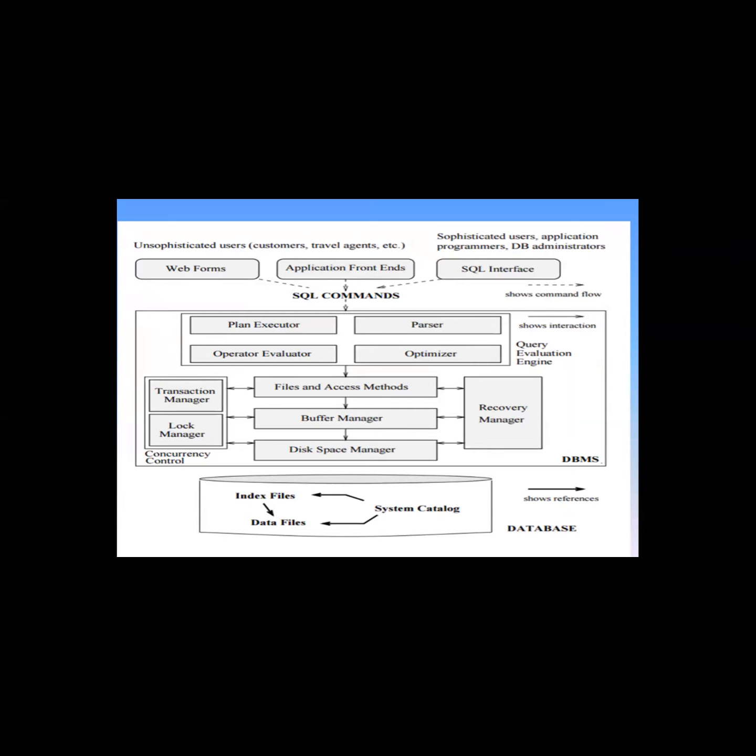In the diagram, we observe first the web forms, then the application front end, and then the SQL interface. In the blocks mentioned above are sophisticated users, application programmers, and database administrators. Some users use queries directly; those users are referred to as sophisticated users.